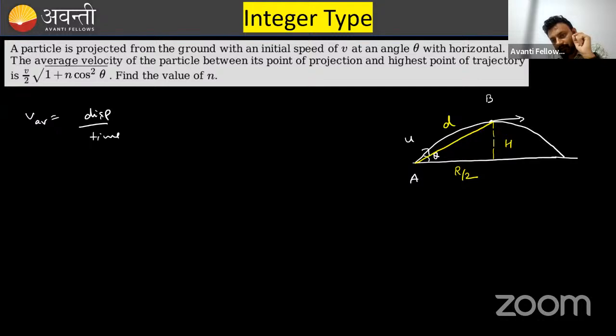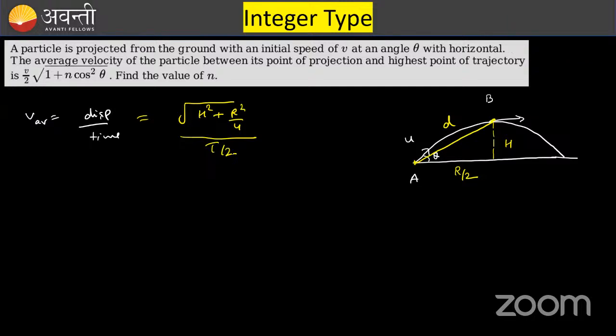Can I say from Pythagoras, h square plus R square by 4, that is root of h square plus R square by 4? Tell me if something is wrong. Time is what? From here to here, time is T by 2, that is u sin theta by g. Yes, very good. Now we will put all the values in, and it will get solved.